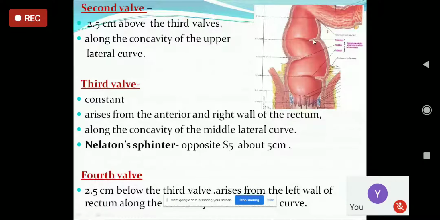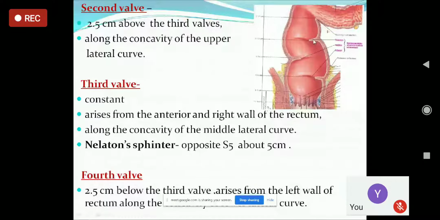I'll talk about Hilton's line in the next slide. It lies between the mucous membrane and the internal sphincteric muscle. This also I'll tell you. It drains mainly into the superior rectal vein.